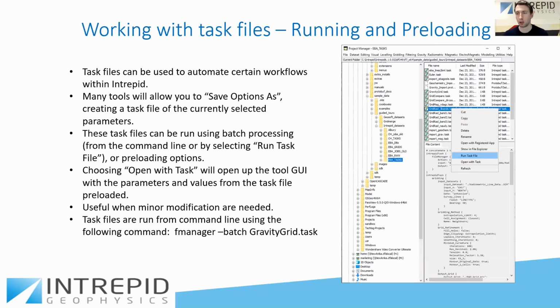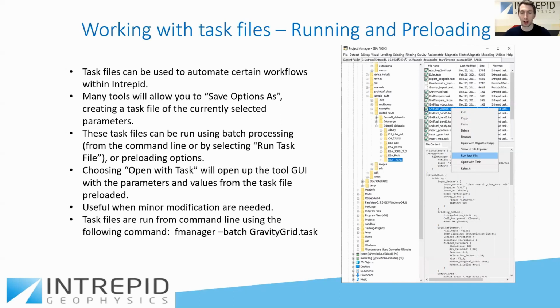This can be really good if you've got all your parameters set, but then you think, oh no, I want to do this process this particular way, but I want to change one parameter. Well, you can open with the task file and then modify it within the GUI and then see the result. Otherwise, you can just change the parameter itself within the task file. It's easy enough as well.